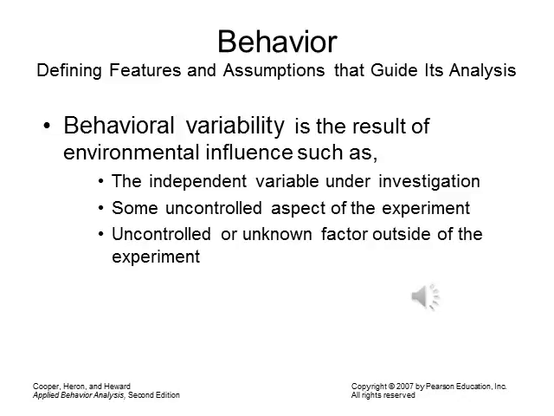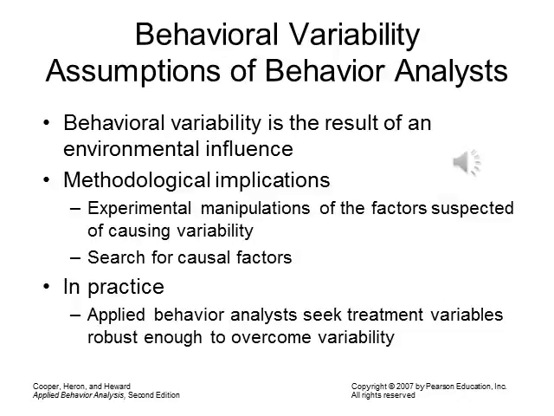If I do it this time this way, the prediction would be that if I do it similarly with similar problems in the future, I should get similar changes. It's an important idea. So variability is a result of environmental influence. Some of those influences are things that we control, the independent variable, if you will. So to the extent that the intervention is present or absent, behavior should vary.